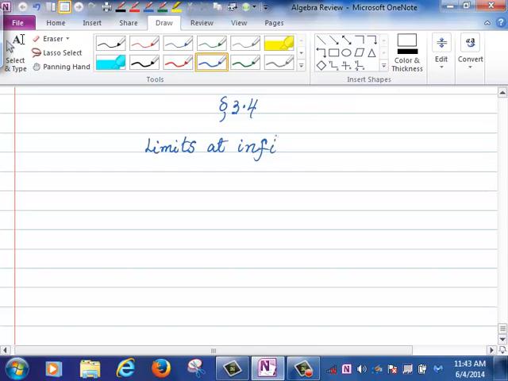Now we are saying limits at infinity. So what are we going to talk about here? We are going to write this symbol, the limit as x goes to infinity of f of x is equal to L.